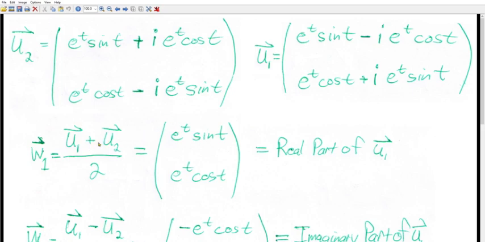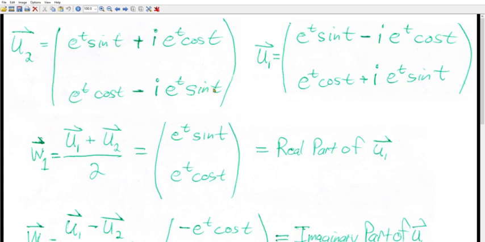So if you add u1 plus u2, the imaginary parts cancel, and when you divide by 2, you just get e to the t sine t, e to the t cosine t, because the sum of these two gave us the 2, and you divide by 2. And notice that this is exactly the real part of u1.